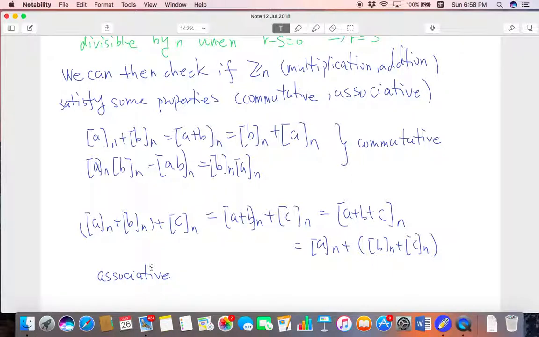And maybe in the next video, we will see that this is the basis for some elements to form a group, and they have to satisfy some specific properties. That might be presented in the next video.